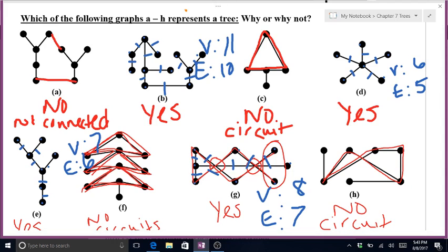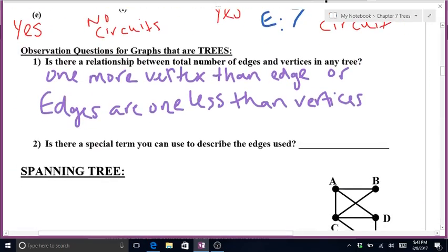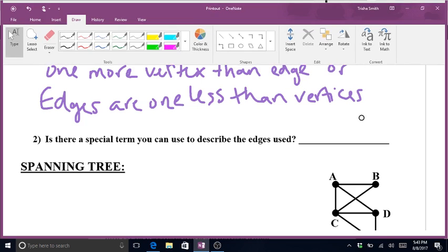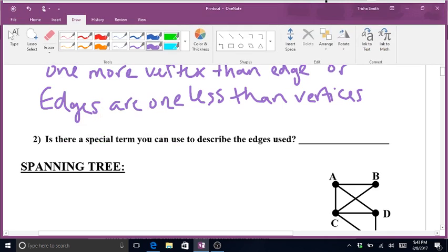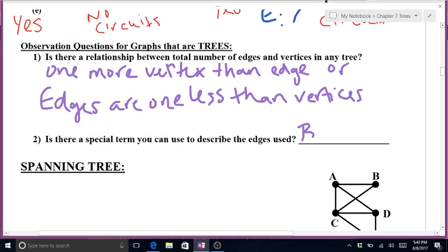So the vocabulary term that we learned in the last 2 chapters is bridges. So every edge in a tree is a bridge. If I'm able to remove it and it disconnects the graph, I must keep it.